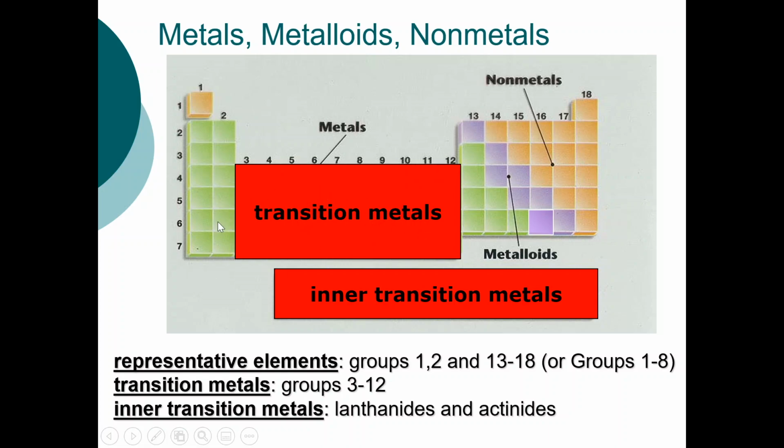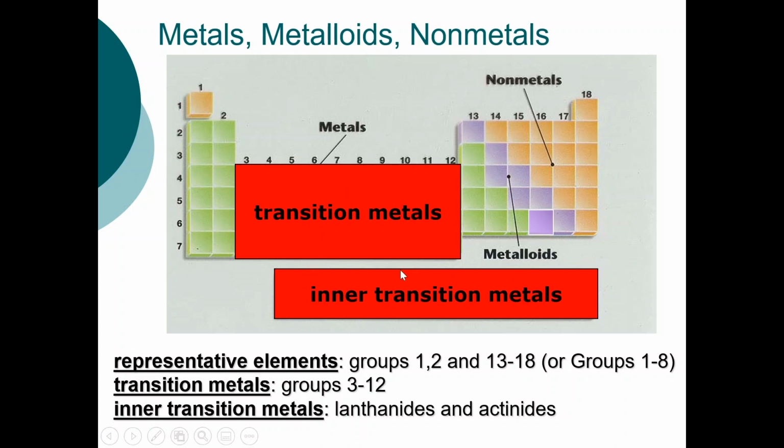I like to think about it as they transition you from the left side to the right side of the periodic table. Usually what we do, though, is we just skip over them in terms of numbering. I like to number the periodic table just group 1, 2, skip over the transition metals, 3, 4, 5, 6, 7, 8, because then the group numbering corresponds to the number of valence electrons, which is really nice.